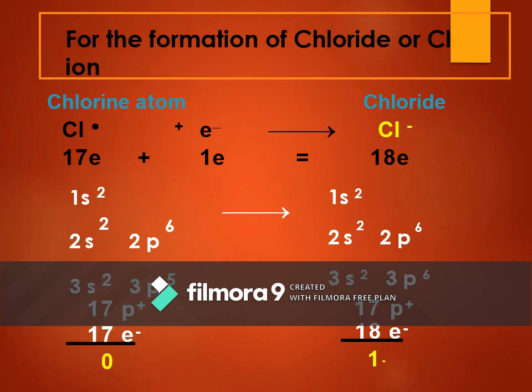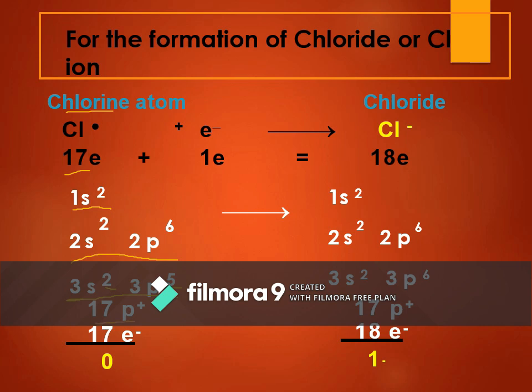Here is the formation of chloride or chlorine ion. Chlorine is atomic number 17. Here is the electron configuration: 1s2, 2s2, 2p6, 3s2, and 3p5. The valence shell is 3. There are 2 plus 5, the total of 7 valence electrons.